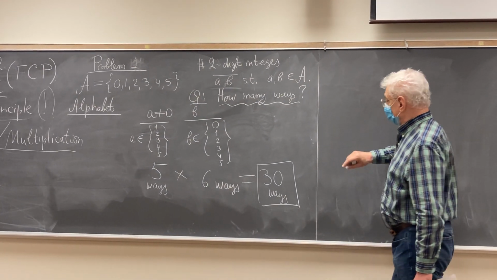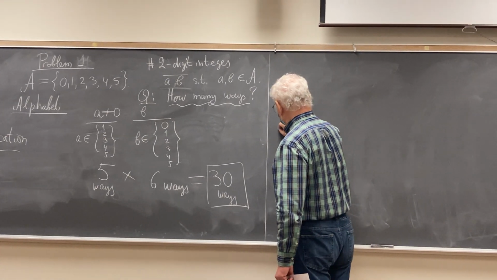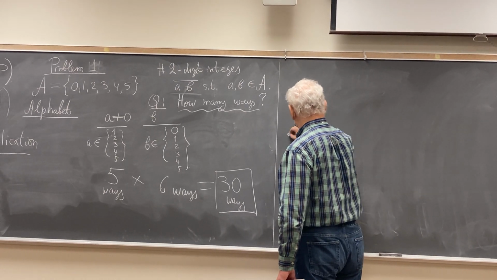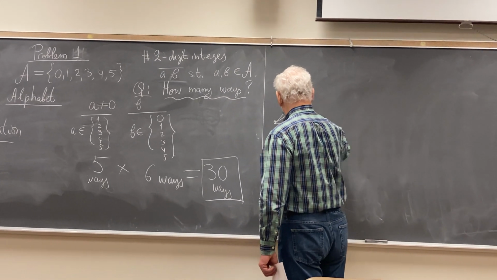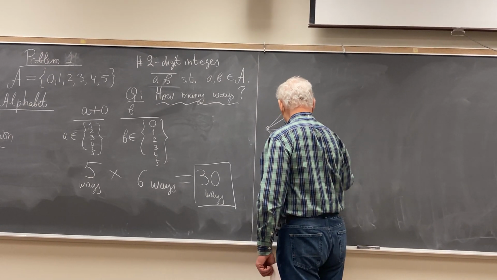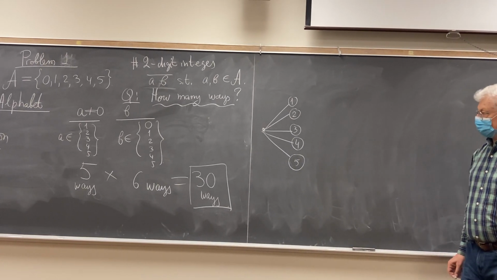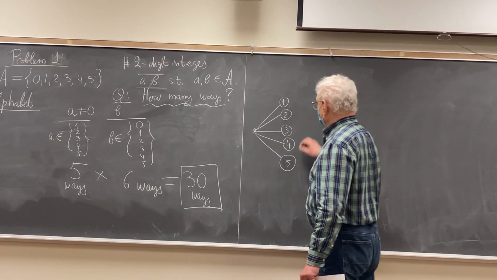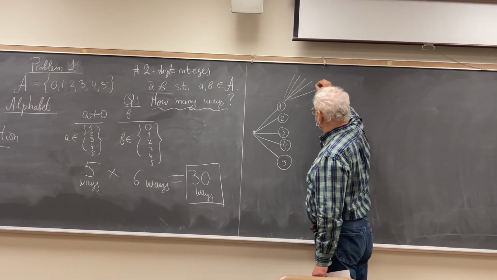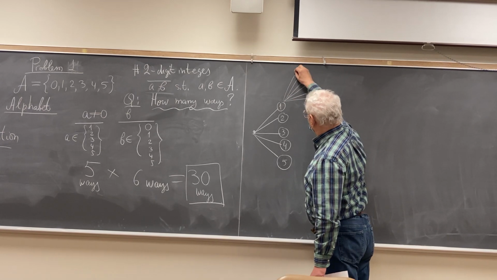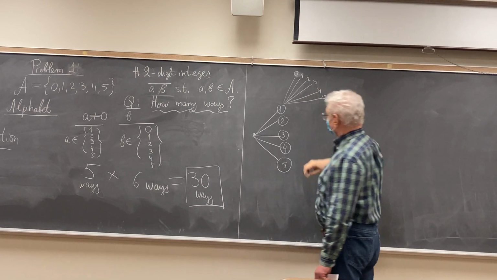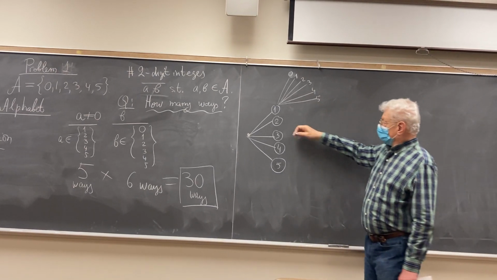You got it. Let me just draw a tree here. You start from the point and then you go 1, 2, 3, 4, and 5. This is the first digit. And then after that you have to extend. You have to draw 6 segments, and then write 0, 1, 2, 3, 4, 5. These are leaves growing from 1.